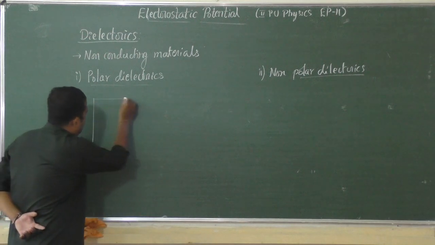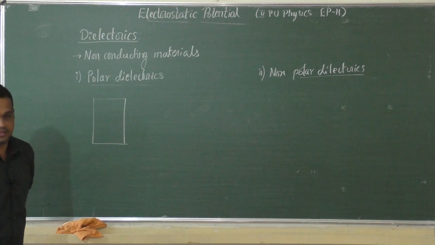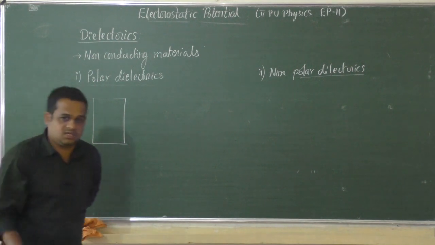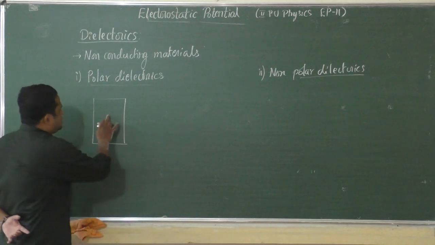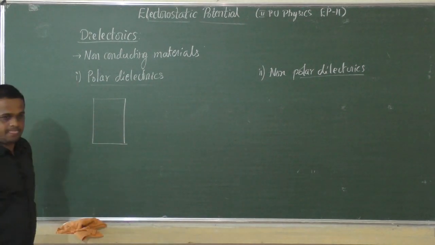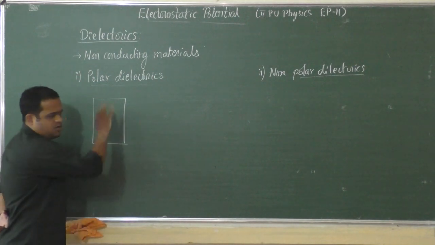If it is a polar dielectric substance, dielectric means non-conducting. It may be paper, it may be plastic, it may be rubber or wood, anything, it is dielectric. Now, if you consider a dielectric substance, inside this dielectric substance there will be large number of molecules.